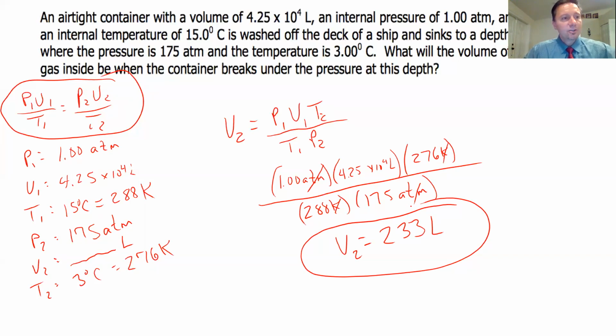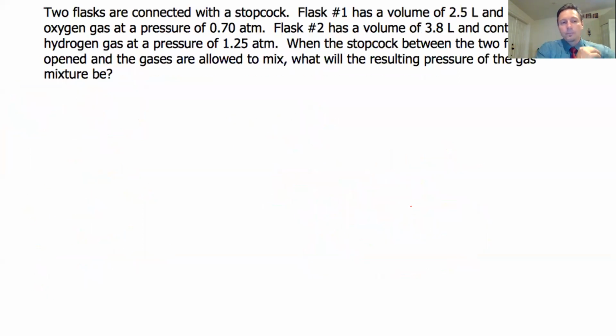All right, so let's look at another example problem here. 2 flasks are connected with a stopcock. Flask number 1 has a volume of 2.5 liters and contains oxygen gas at a pressure of 0.70 atmospheres.